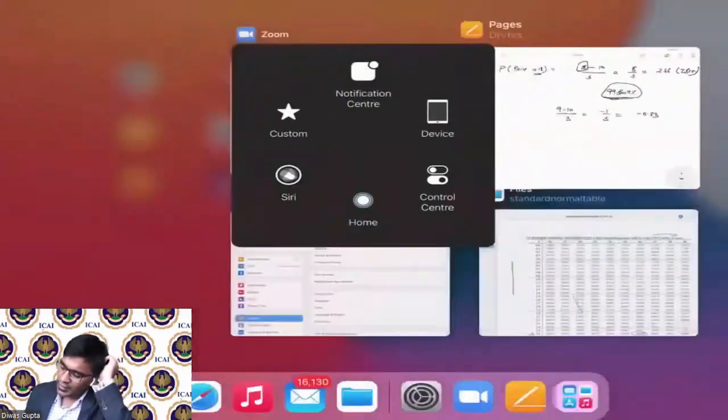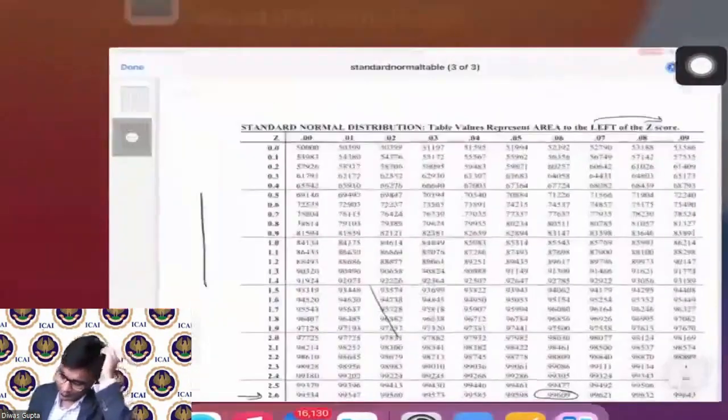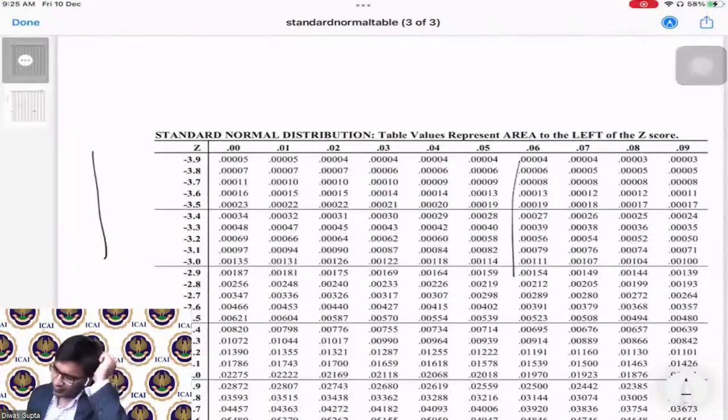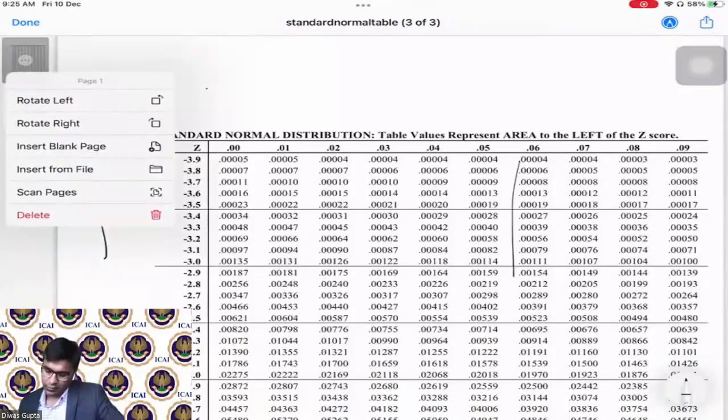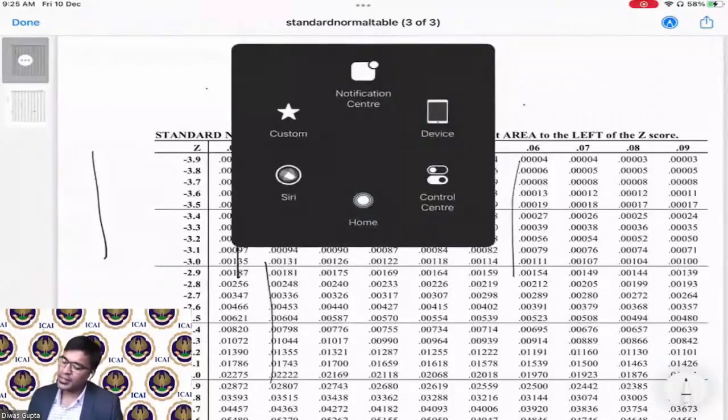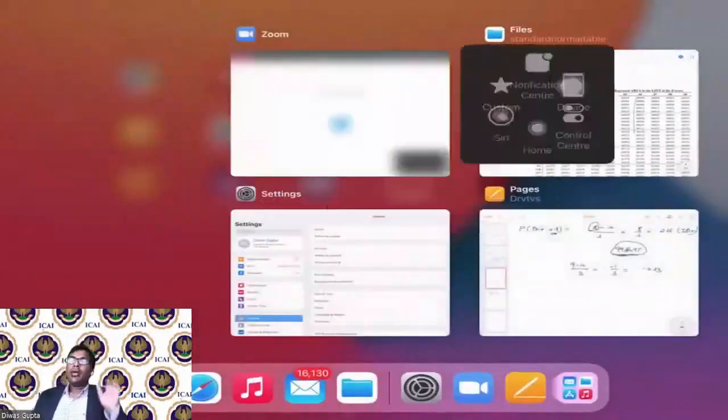For minus 0.33, you have to refer to the above table. In this, okay, wait, I'm not able to scroll it. If we go down, there is a minus 0.33 also.